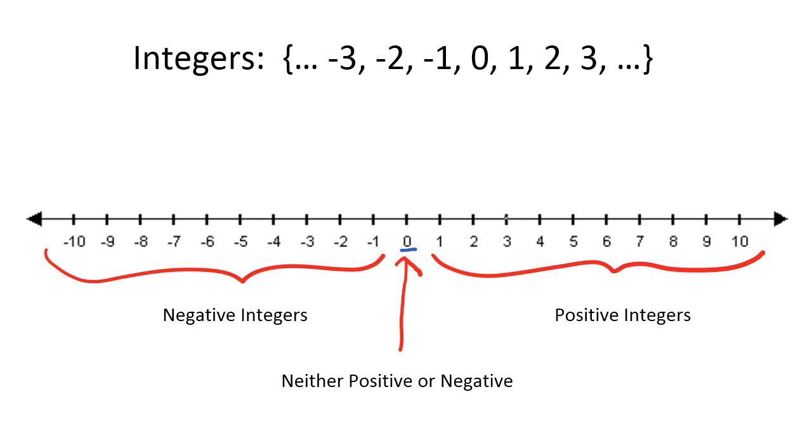For example, the number 3 is 3 units from 0, 3 units to the right of 0. Now I might want to also look at a number, let's say negative 4. Negative 4 is 4 units from 0, but to the left.